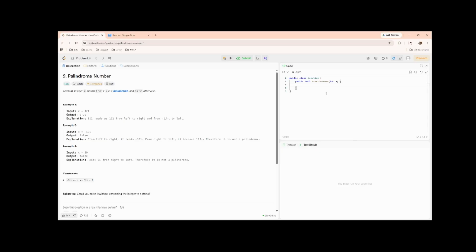You don't have to go through the whole thing because if you compare the first half, the second half is already done. So why don't we start there? If x is less than 0, which means x is negative.